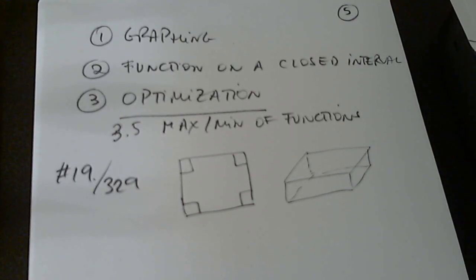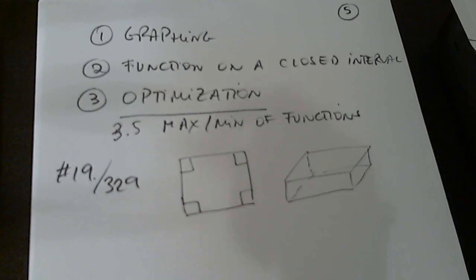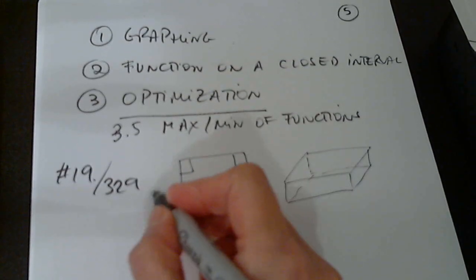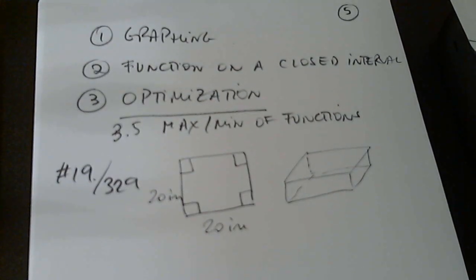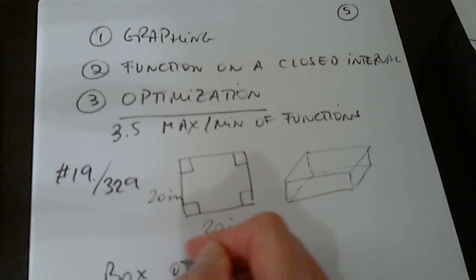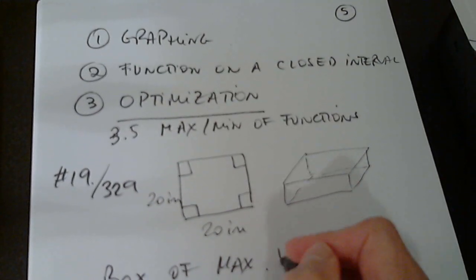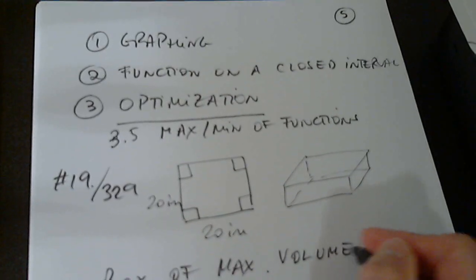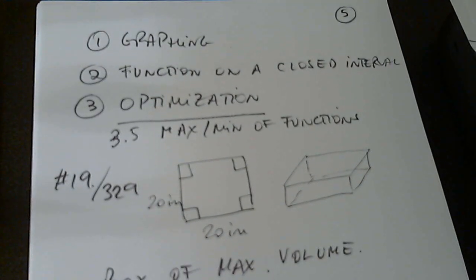So what I cannot forget to do is just write 20 inches by 20 inches. What dimensions will yield a box of maximum volume? Box of maximum volume. What is the maximum volume?